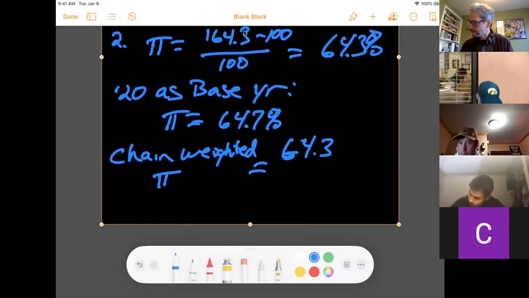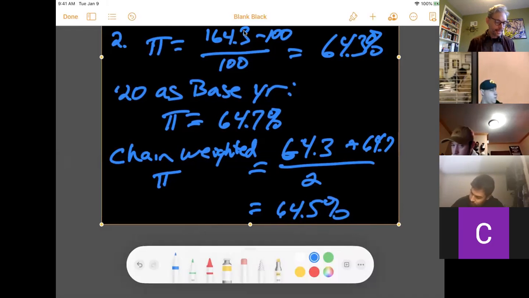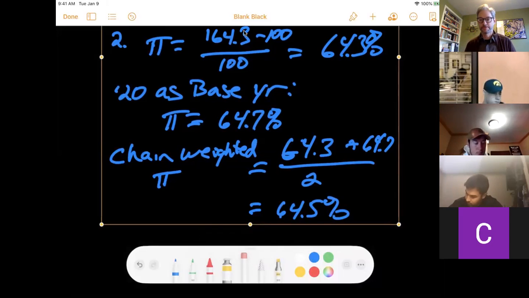For some reason my 6s look like G's today. And so the best answer here is, can't do any math. No, that's right, 64.5%.